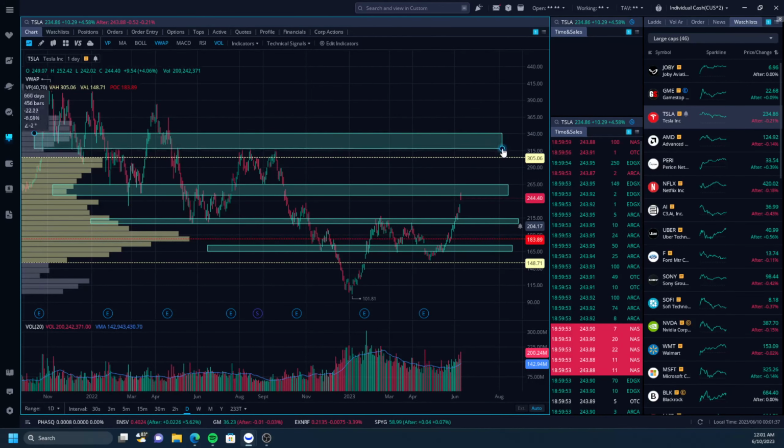You want to have these barriers, because these barriers are going to have you hold your trades, or it's going to keep you protected. I want to see the stock holding this zone here, and in fact, I want to see it have increasing volume out of this zone, like how it's doing now.